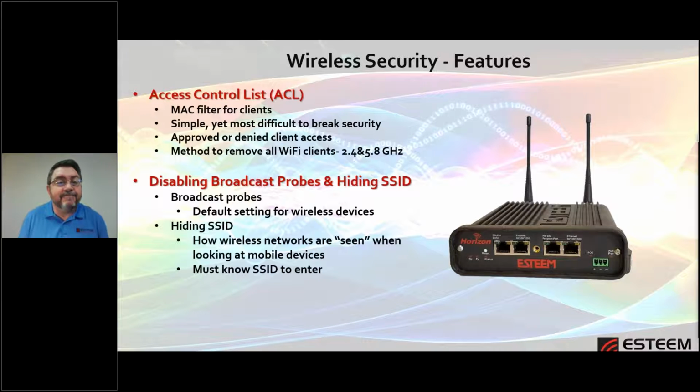The first one is actually kind of simple, to be honest with you. It is as simple as what we call a MAC filter. It is also one of the most difficult things to break. In other words, you have to physically designate which pieces of hardware you want to allow on the network, be it either the Steam radios acting as a client or even Wi-Fi clients if you're running in the 2.4 or 5.8 Wi-Fi type bands within the system.